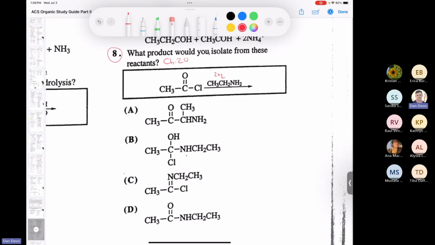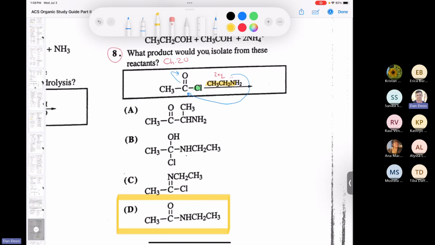And without drawing a full mechanism here, you are all perfectly aware that an amine is going to act as a nucleophile, and it is going to do a nucleophilic acyl substitution on your acid chloride. And so what's going to happen is basically the chloride is going to be replaced by the amino group, and then we end up with an amide like we see here in D.